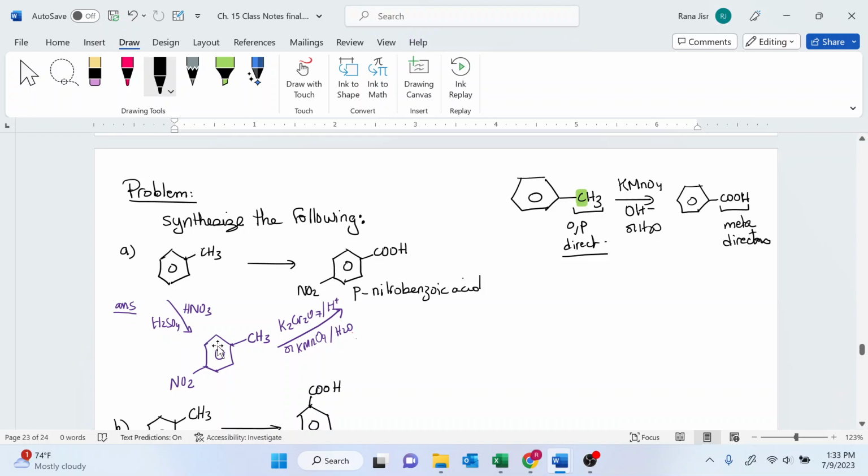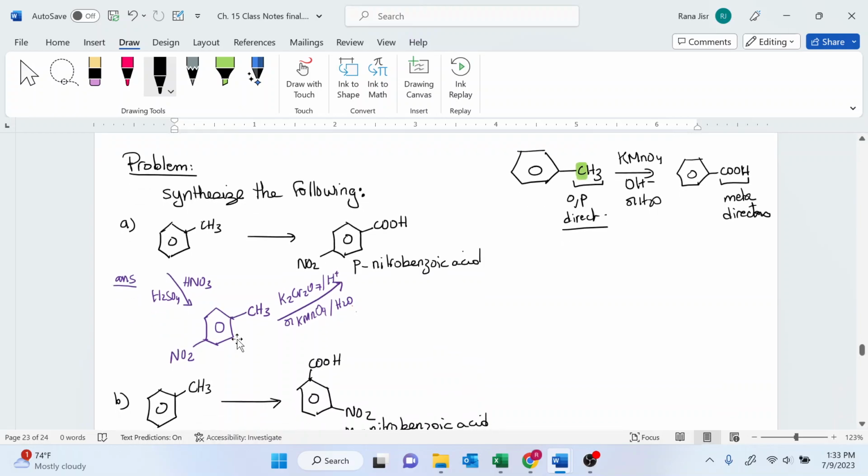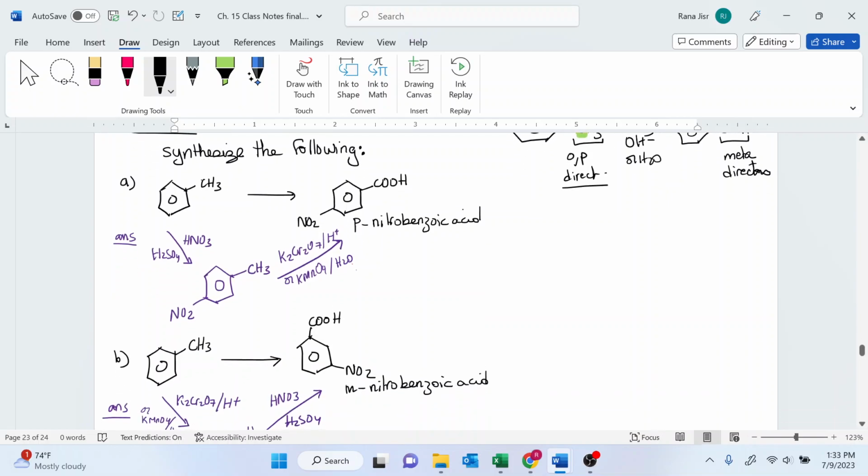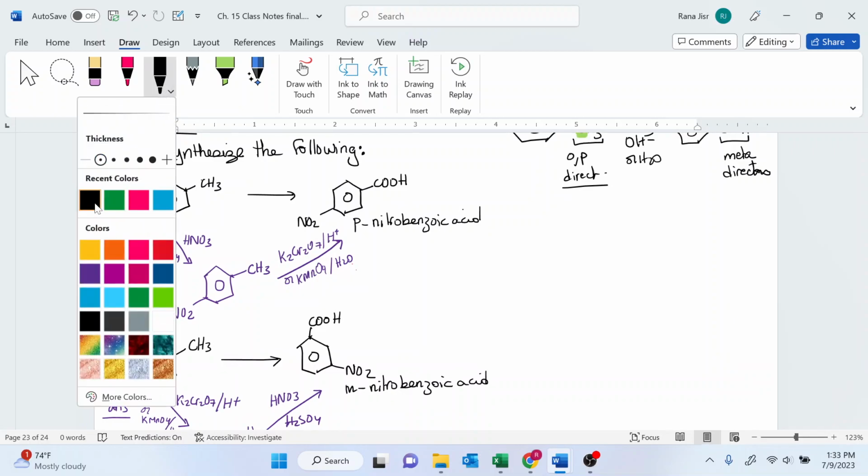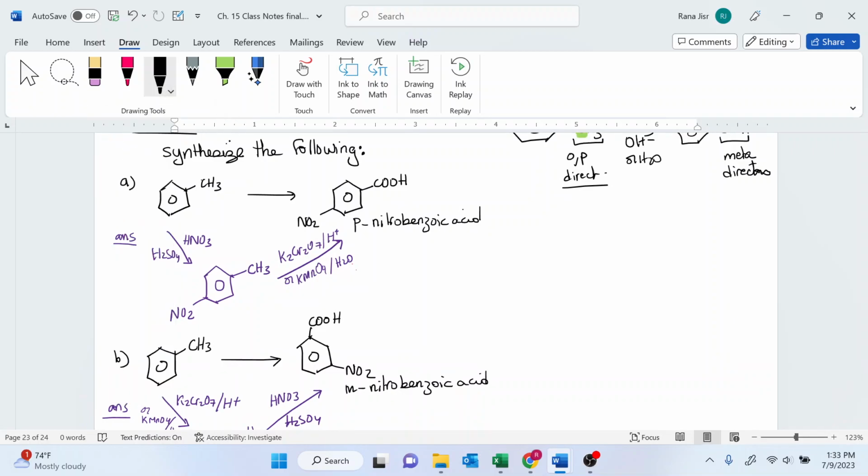I need to do nitration, introduce the nitro group on the benzene in the ortho position and the para position. But since the product here has only the para, which is going to be major, you can say isolate. So you choose just the product that you need. Here I need the para, which is always the major.